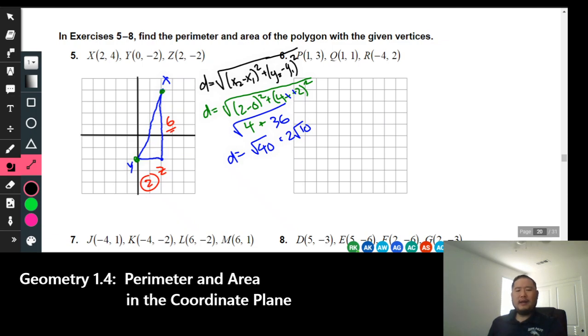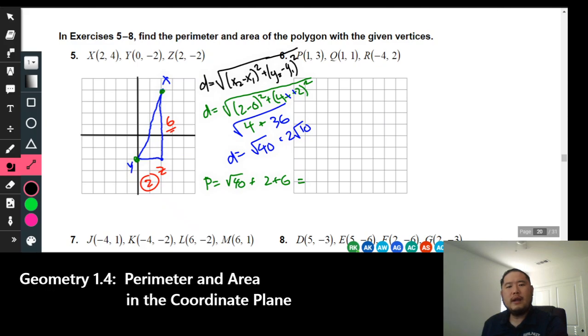For now, they don't ask for exact answers, so let's just figure out what the perimeter is. To find the perimeter, you're going to add up all the sides. So we can put rad 40 plus 2 plus 6, and when you solve that out, that will get you your perimeter.